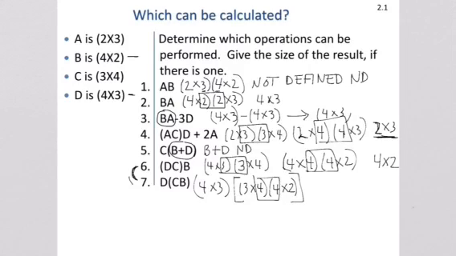So the matrix multiplication is defined. So when you group CB, the result is a 3 by 2, and we still are multiplying by D, which is a 4 by 3. That product is still defined, and the result is 4 by 2. So it is the same size as in the previous case.